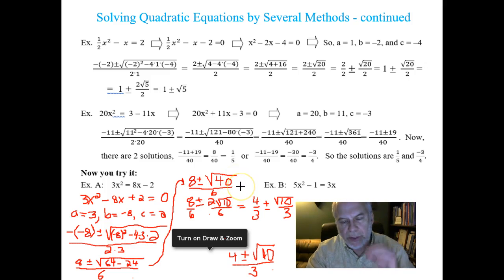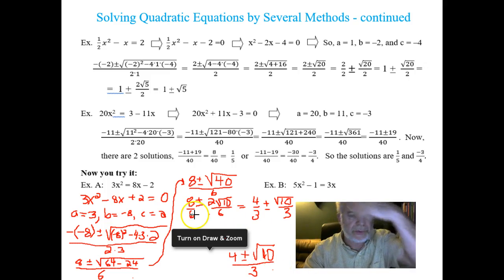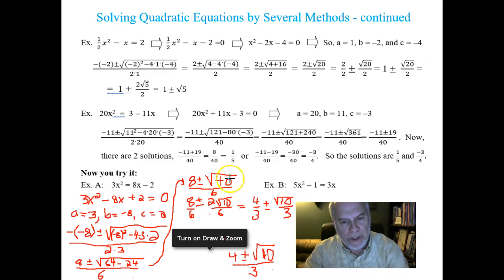Now, like I said, if you could get this far, I would give you most of the credit. I would maybe just take off one single point or so for not simplifying it completely. So to simplify it completely, you could split square root of 40 up into square root of 4 times square root of 10, and the square root of 4 becomes just 2.